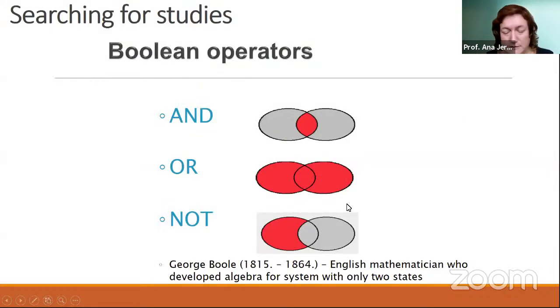Other databases do have similar concepts. In many other databases, you also can use Boolean operators, which allow you to find the studies which have both keywords separated by AND, or find studies which have either the first or the second keyword, OR, or find a study which contains the first word but not the second word, NOT.